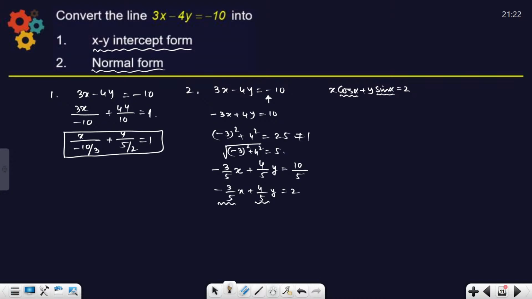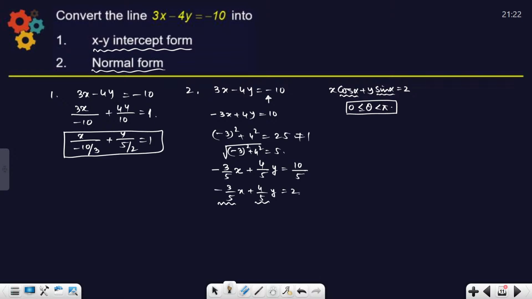When it is in the second quadrant, we all know that theta, that is the inclination angle, always lies between 0 and pi. Can you remember this? It always lies between 0 and pi. So in this case, cos alpha is negative and sin alpha is positive.